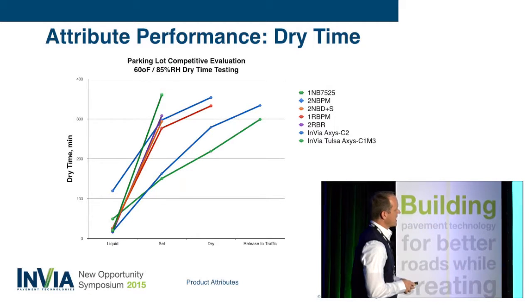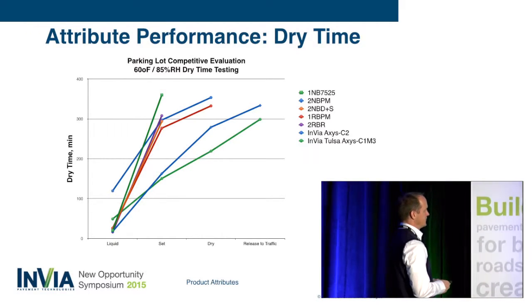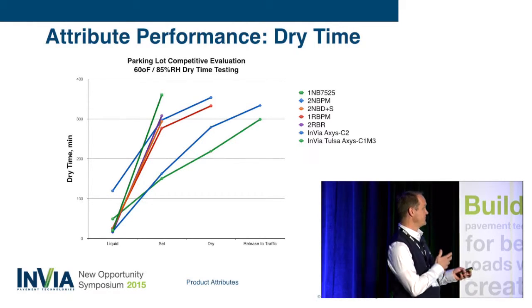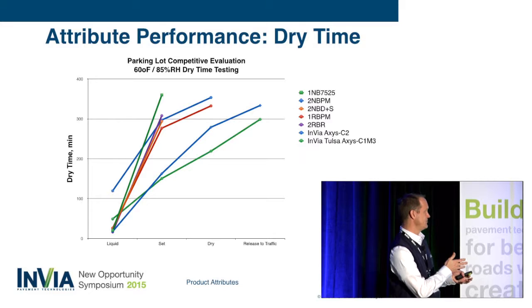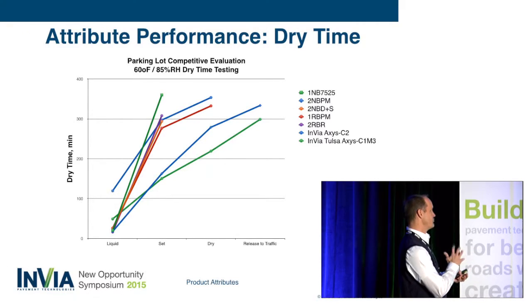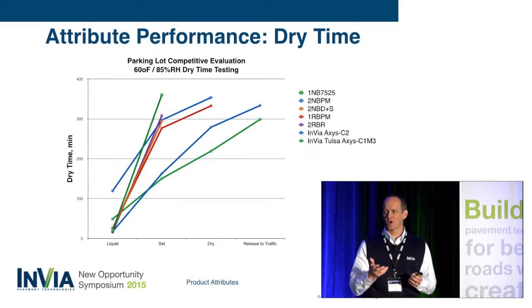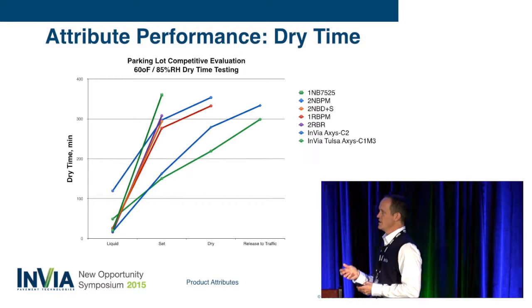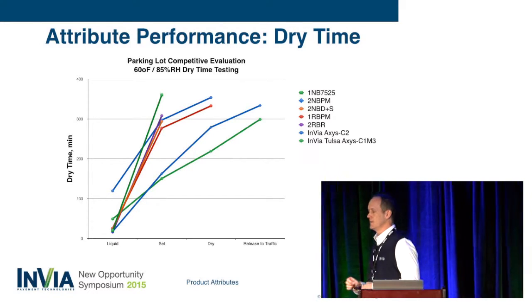We did a pretty comprehensive benchmark study on some common competitors. I say common, these are, for most of the markets, what we hear from our account managers and our licensees. These are, in most cases, the most prevalent competitor we're up against, whether it's Texas or Missouri. These are parking lot sealers, by the way.